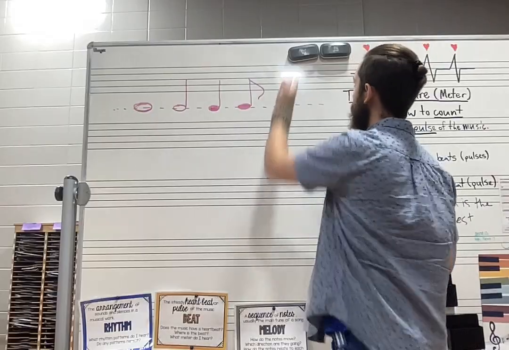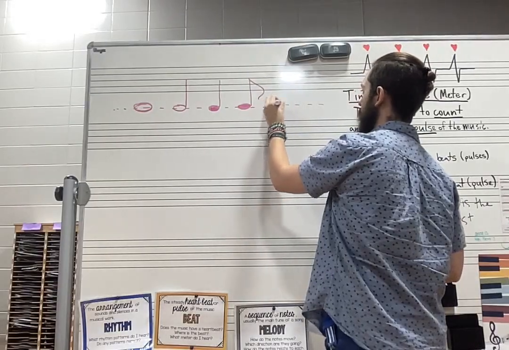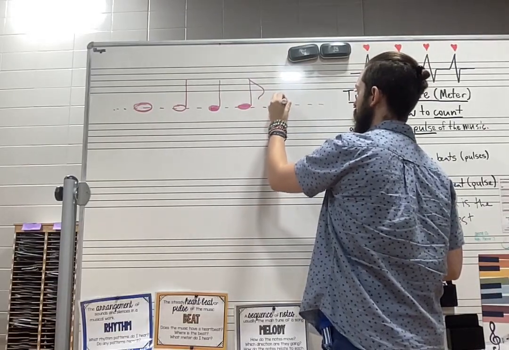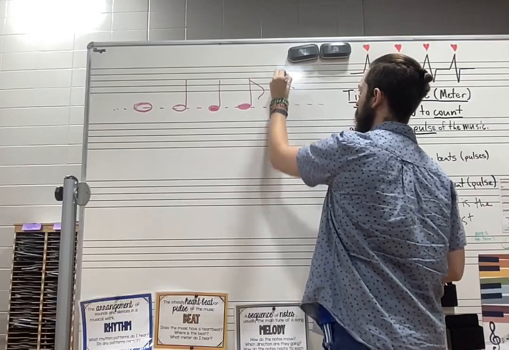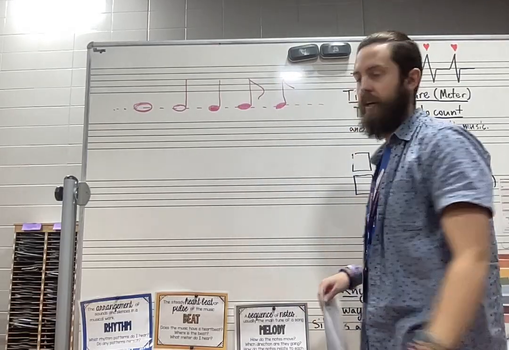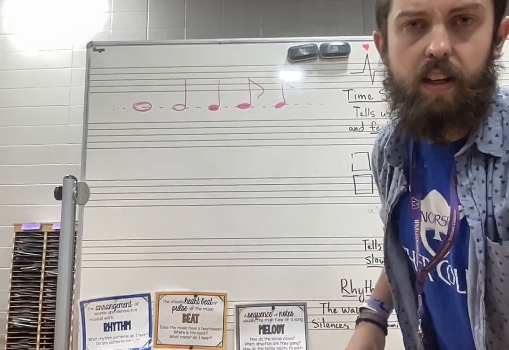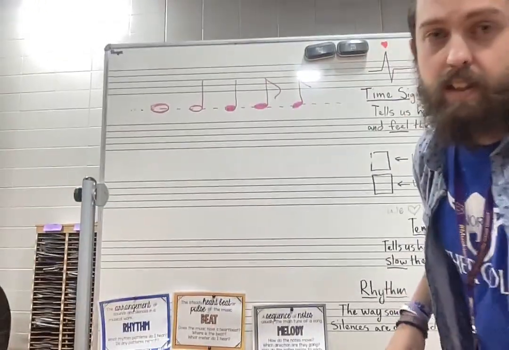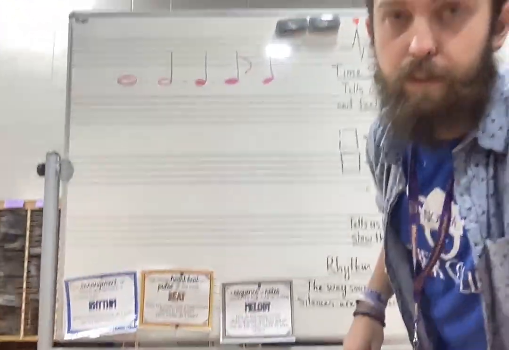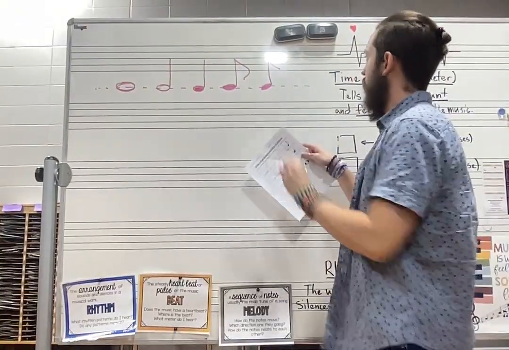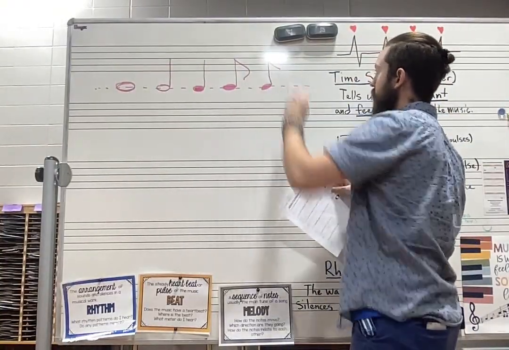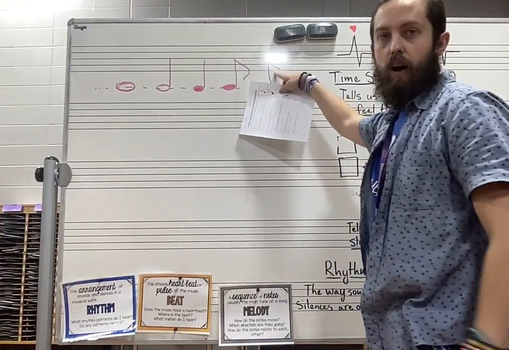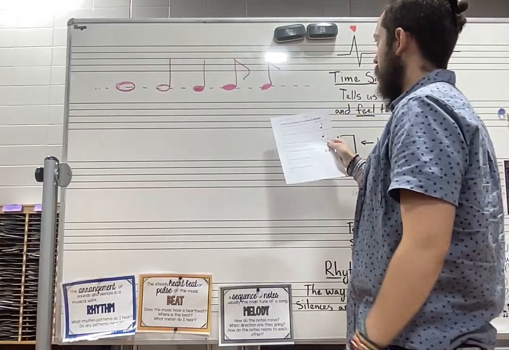You can also write it like this. I've seen this before. That's completely okay. But yeah, the flags are a little bit versatile, so long as there's something coming off of the top of it. That's really all I'm caring about.